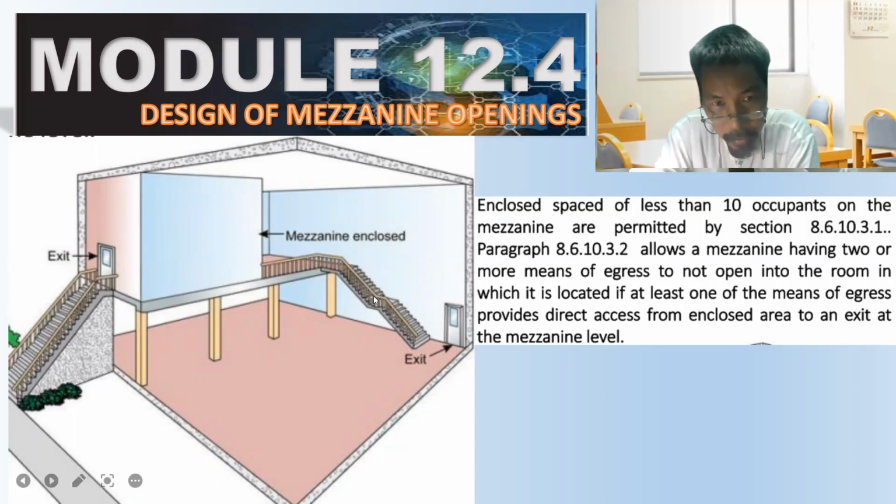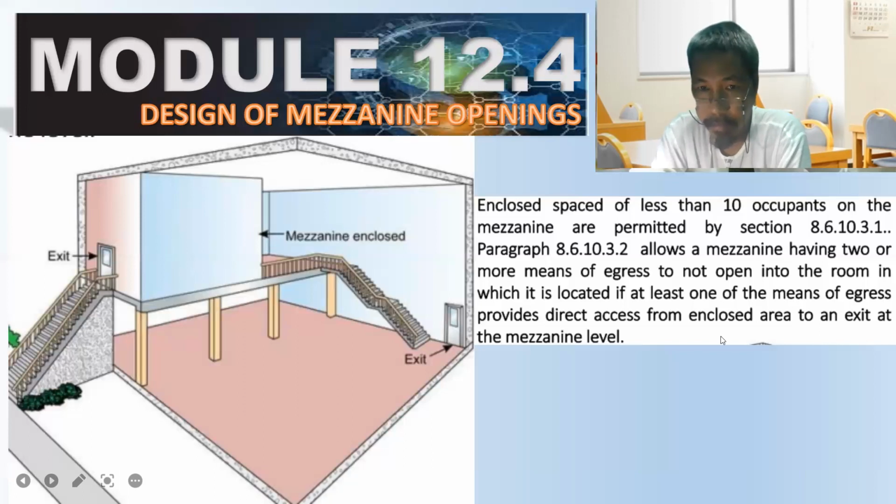So one here going to this seat and another one going directly outside. Means of egress which do not open into the room in which it is located are allowed if at least one of the means of egress provides direct access from the enclosed area to an exit at the mezzanine level.